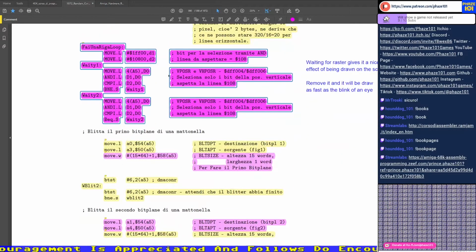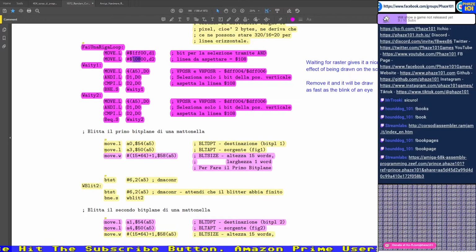Here, this is the routine that he should have been using in the first place since we've done chapter 8, but for some reason he didn't in the previous examples, and we are waiting for raster line 264. Okay.